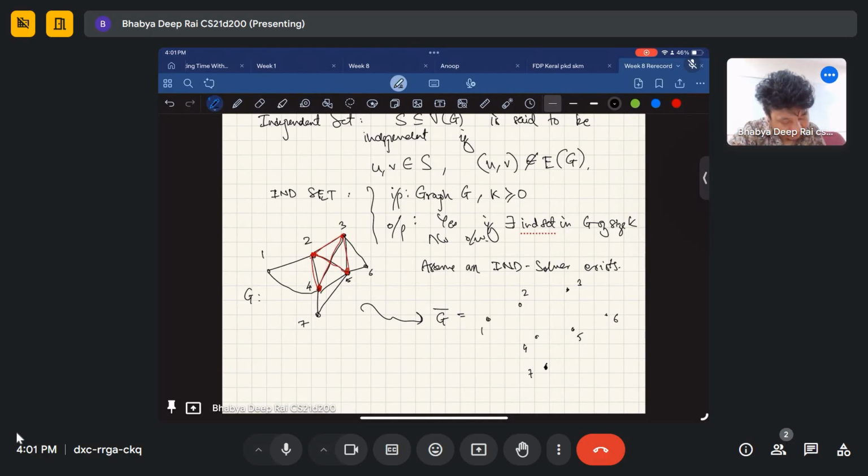So 1 is connected to 5, 3, 6, and 3 will be connected to 1, 7. Right? 3 is connected to 1, 3 is connected to 7.